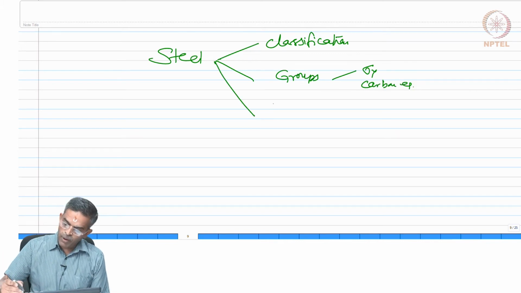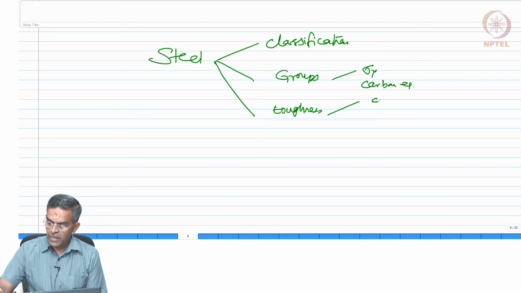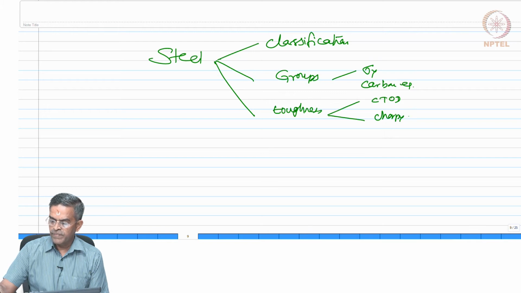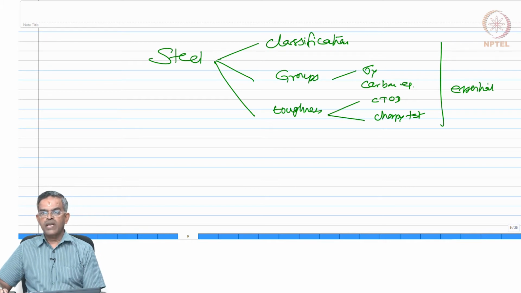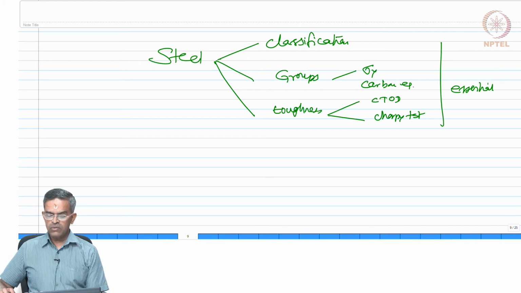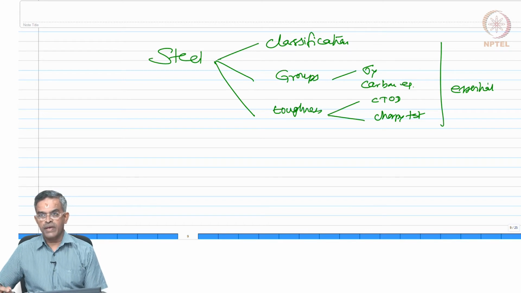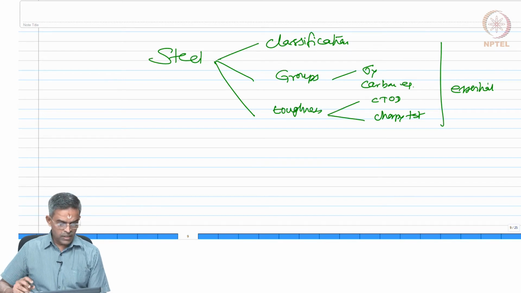Steel has got special properties like toughness, which need to be investigated either using CTOD or using Charpy's test. These are all mandatory before you select steel as structural material for structural systems. In addition to that, friends, to add more complication to your knowledge, steel is also grouped based on notch toughness.